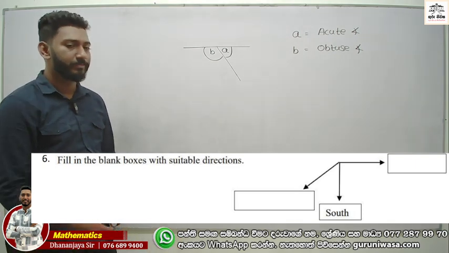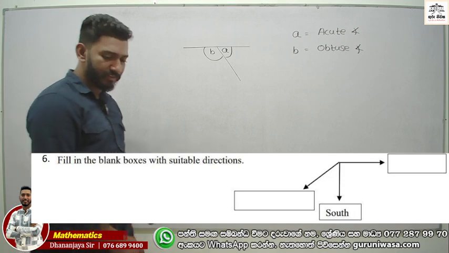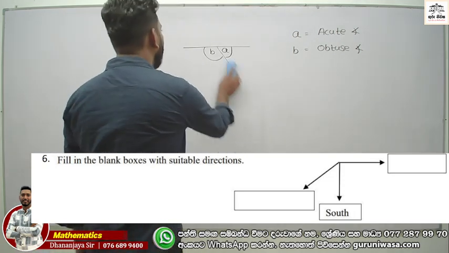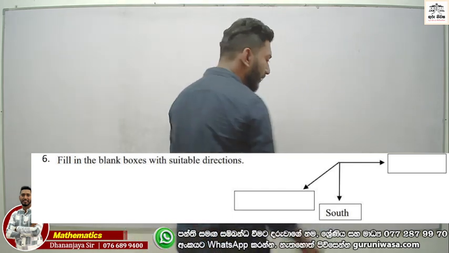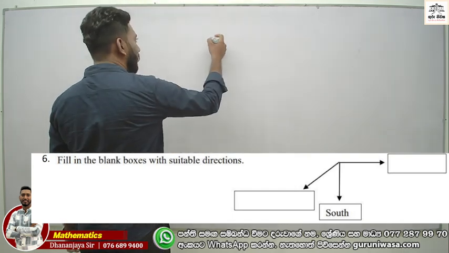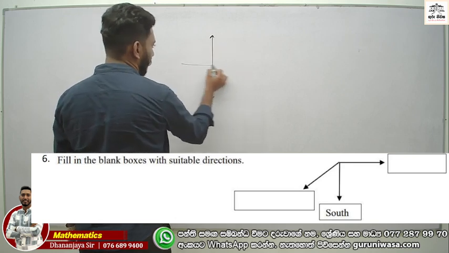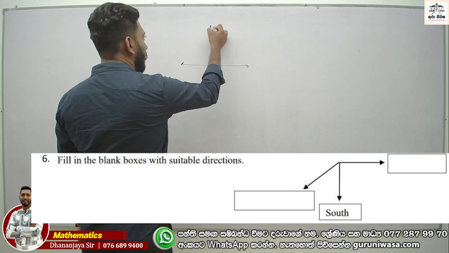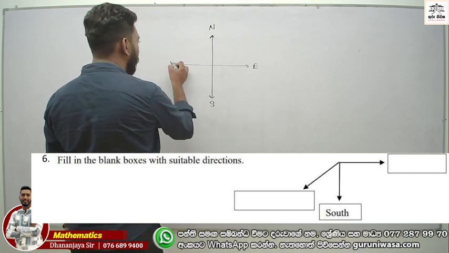Question number 6. Fill in the blank boxes with the suitable directions. There are 4 major directions and 4 minor directions, totally 8. The major ones are north, south, east, west.